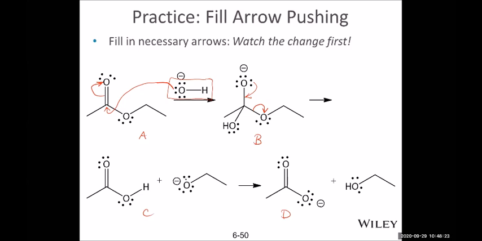And this is a base, so the base attacks the hydrogen, forming a bond with the hydrogen. And this bond needs to break, so the oxygen ends up with one negative charge. This is the last step from C to D, the arrows. The C to D arrows are just proton transfer, just like we studied before.